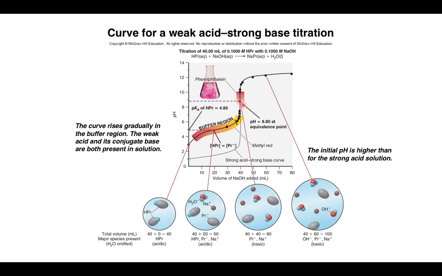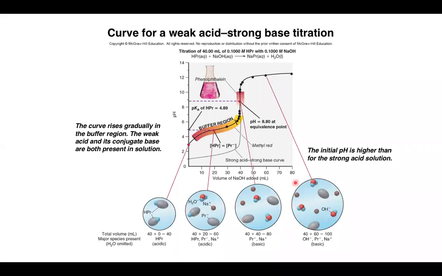Then we eventually have an equivalence point where we have an equal number of propanoate and sodium ions here, but the pH is going to be higher than would normally be seen in, for example, a strong acid, strong base titration. And that is because of the presence of those OH minus ions due to the hydrolysis of water by the propanoate.